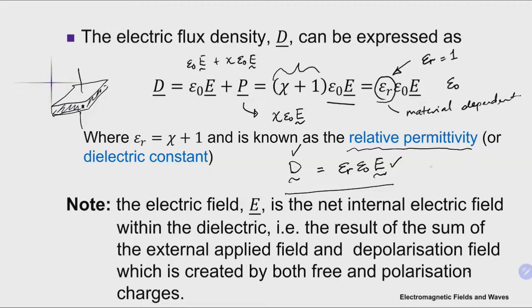The electric field simply equals D divided by epsilon r epsilon naught. Epsilon r depends on the dielectric material that you're working on. Epsilon naught is simply a universal constant. If you work this out, you can find the electric field. And that's the reason why we introduced the term electric flux density.